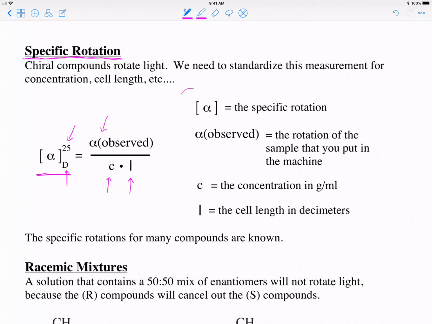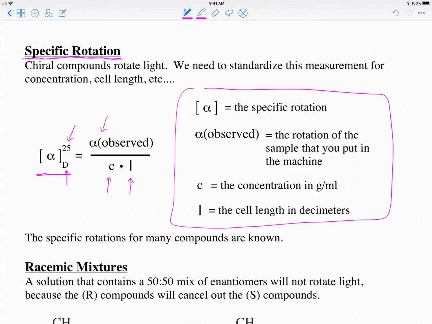This all goes into this equation. Now, just by the way, 1 decimeter is 10 centimeters or 100 millimeters. So if you use a cell length that's not exactly 10 centimeters or 1 decimeter, you can still get standardized conditions if you put it into this equation.